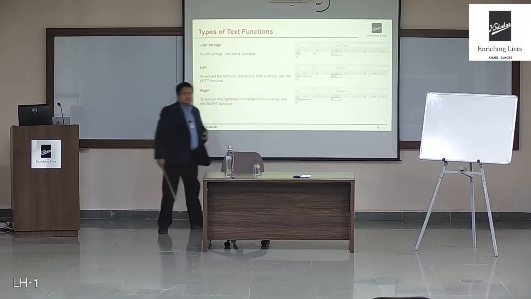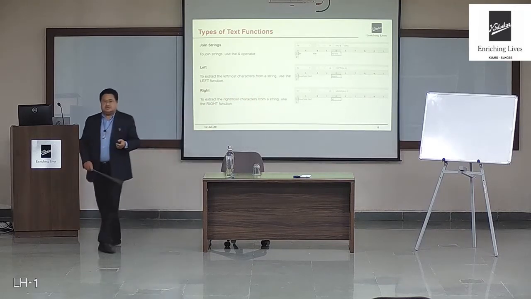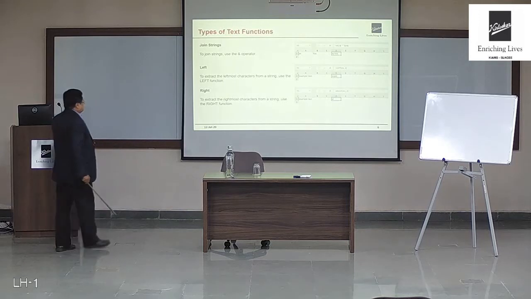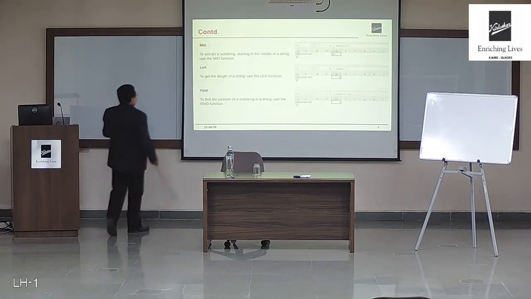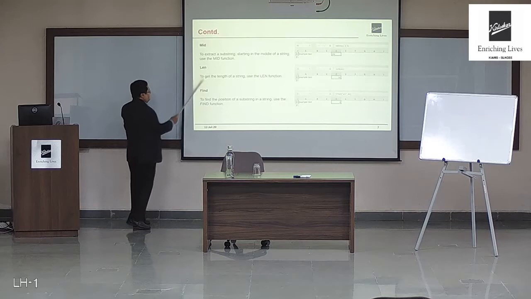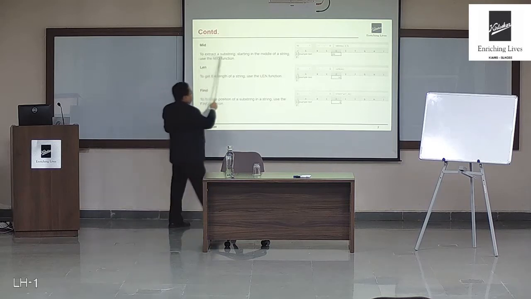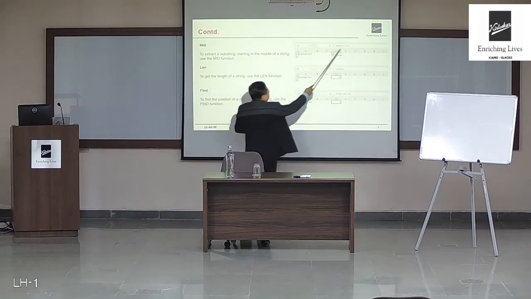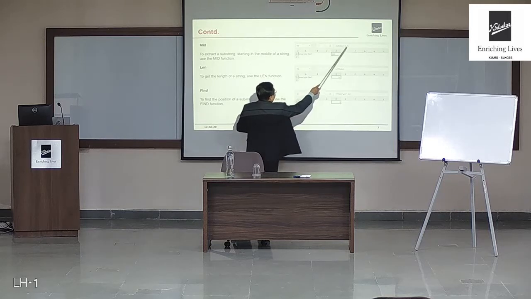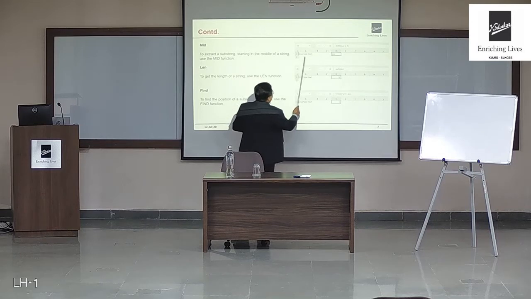So these are some of the text functions that we will be seeing. We will also see the mid, len, and find. How is the mid used? Here MID(A1,5,3). 5 means from the 5th position. This is the cell address A1, 5th position: 1, 2, 3, 4, 5.